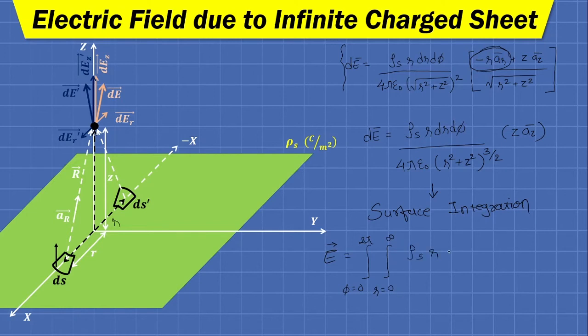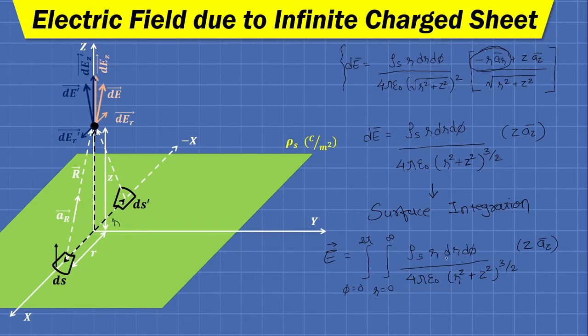Rho s r dr d phi divided by 4 pi epsilon 0 r square plus z square raised to 3 by 2 z a z bar, or you can put this z over here in numerator also. Fine. So here in this step we can witness that the integration is going to be very tough.